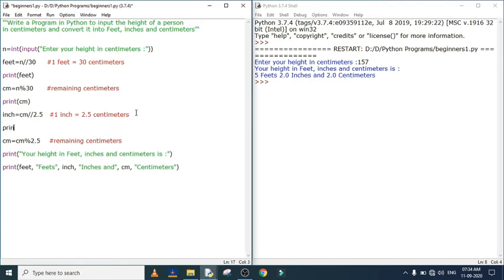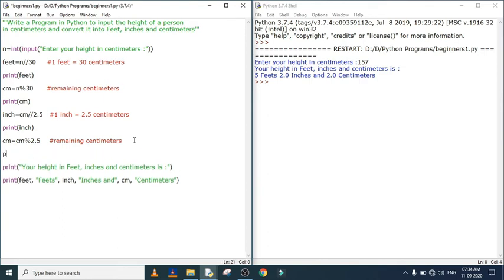Print inch, the value of inch, and print the value of centimeters once again. Okay. Now we run the program again.